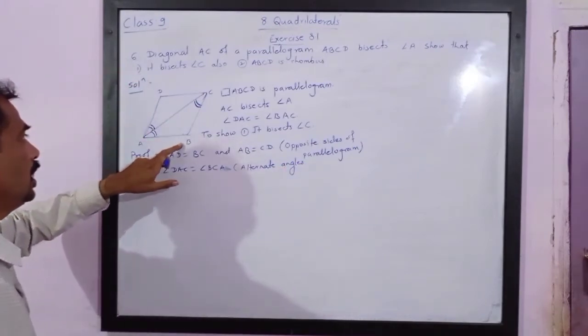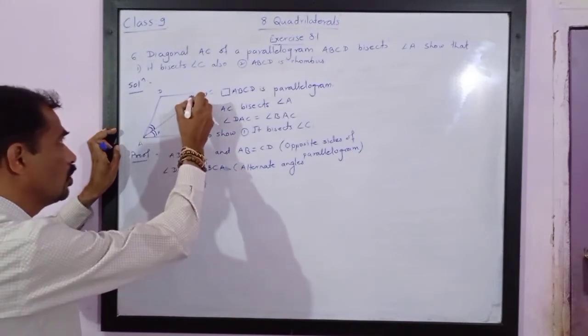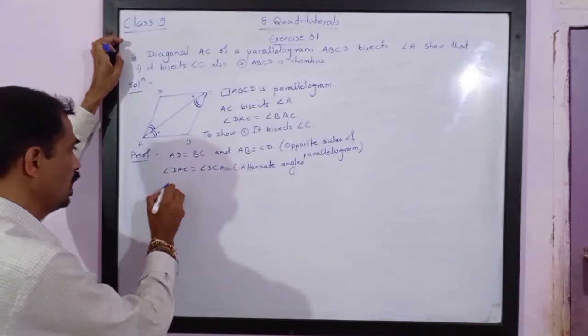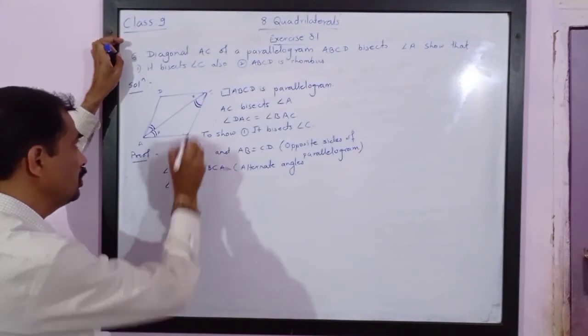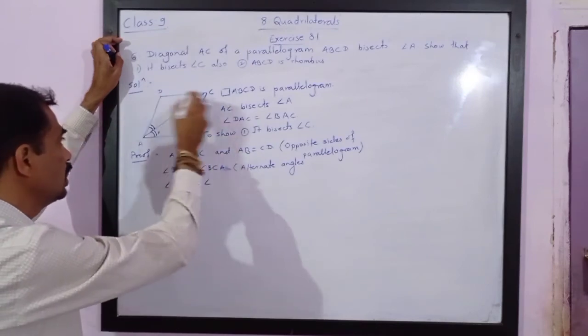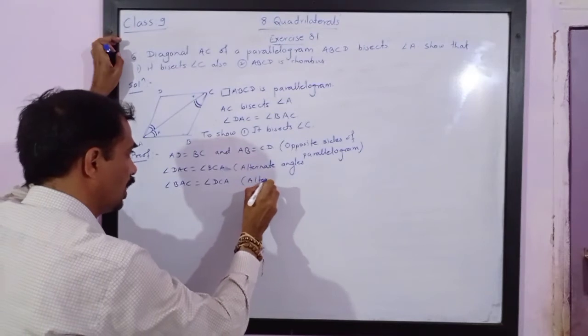Now similarly BAC, this angle is congruent to this angle. It is also alternate angles. So angle BAC is equal to angle DCA, reason is alternate angles.